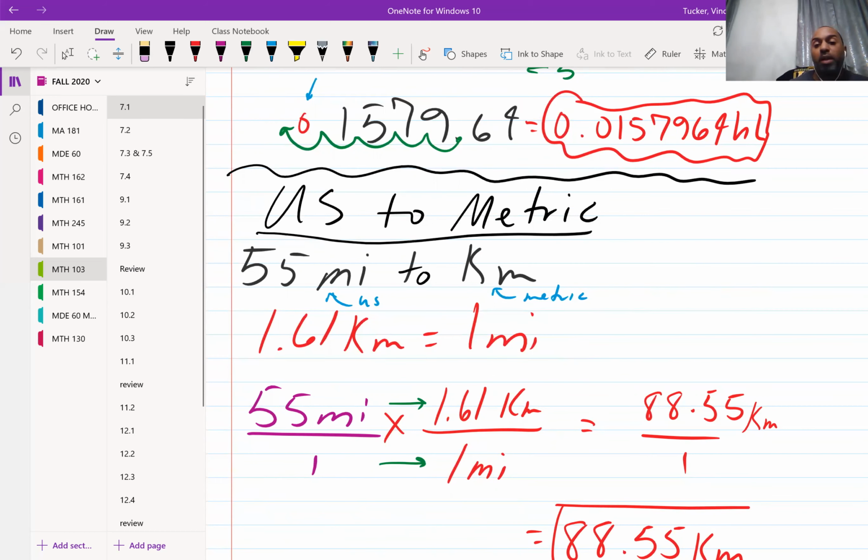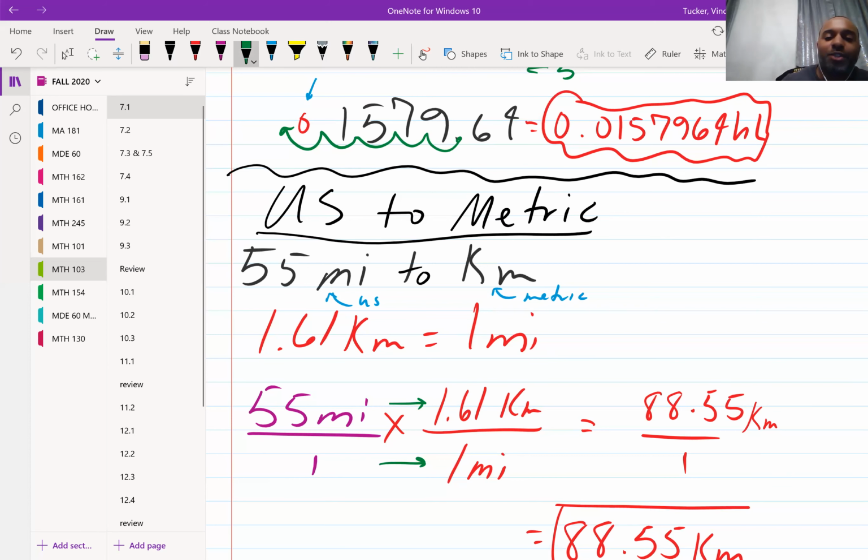Or if you don't feel like pulling out the book, you can ask Siri, you can ask Google, ask Alexa. They're all the same. They don't change. Everybody knows these conversion factors, whether you're talking about US, metric, or US to metric. All of it stays the same. So there are 1.6 kilometers in 1 mile, or 1 mile is equal to 1.6 kilometers.